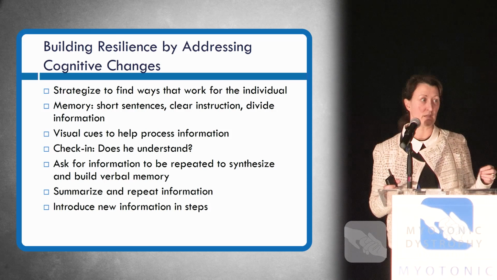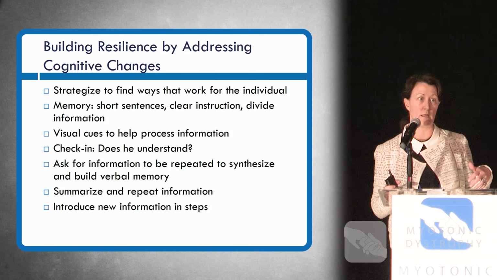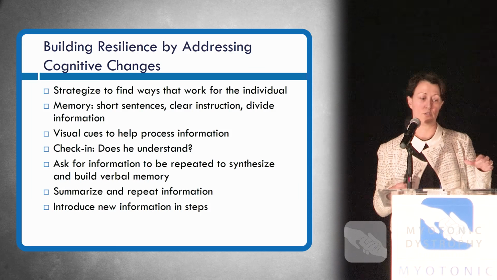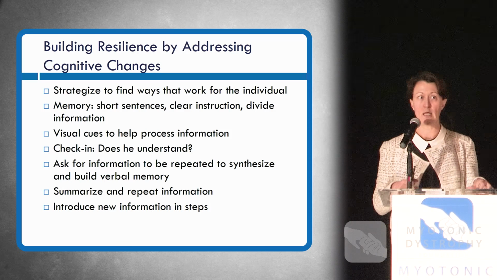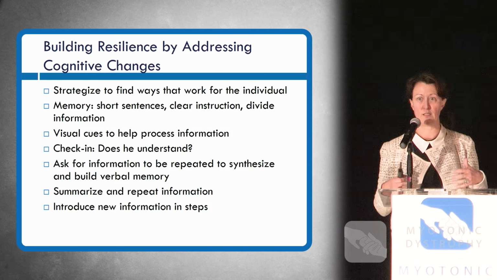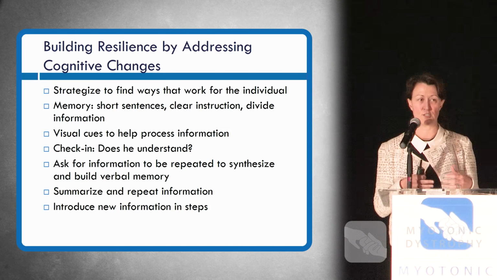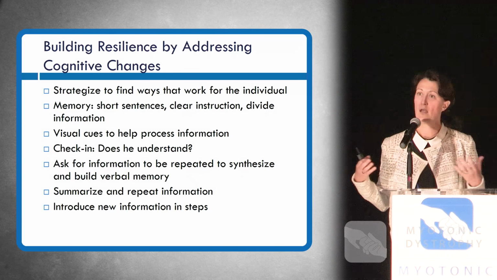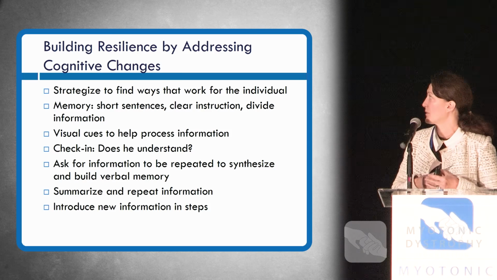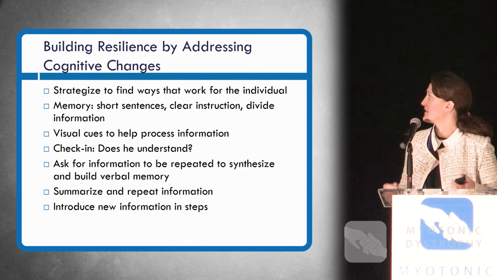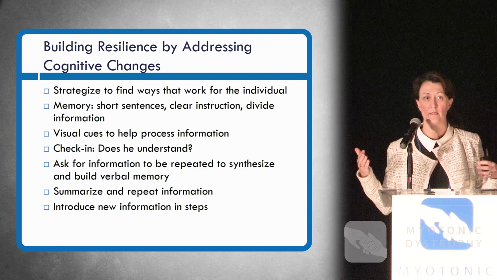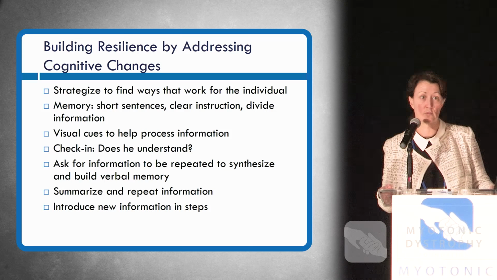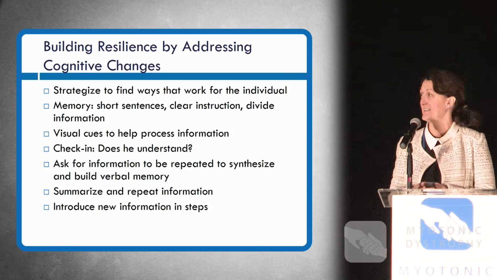And something that we don't necessarily know in DM is, do you start out as one type of learner, and as your disease progresses and you experience cognitive change, does it change how you learn information? The answer is probably yes. And so giving as many possible options for learning is important.